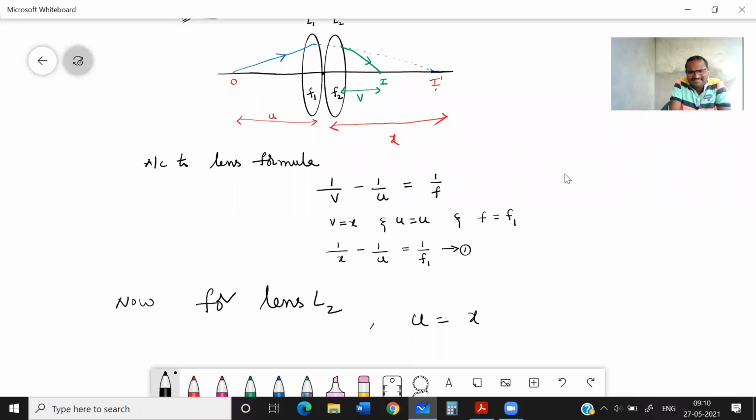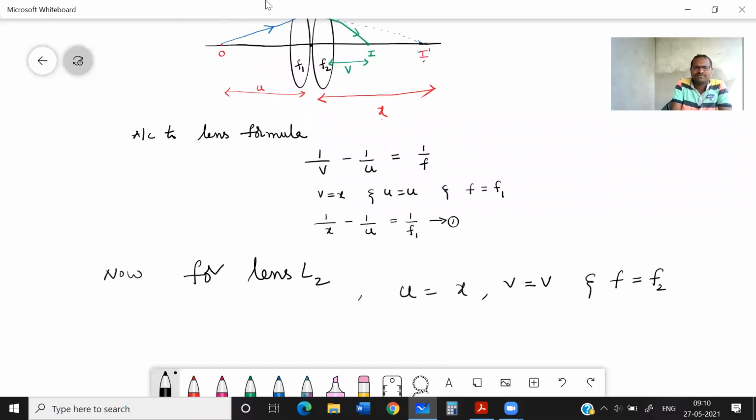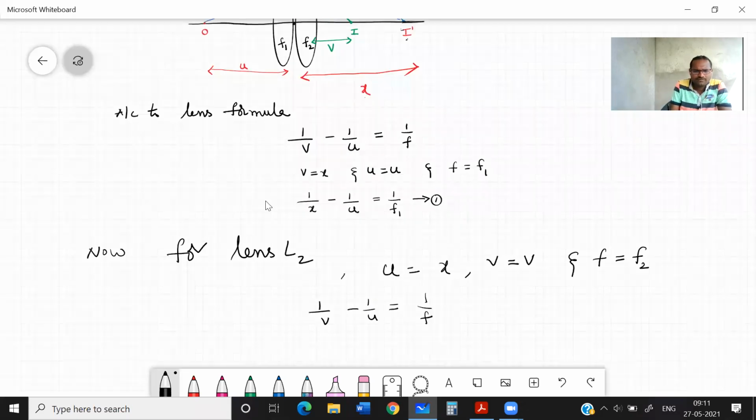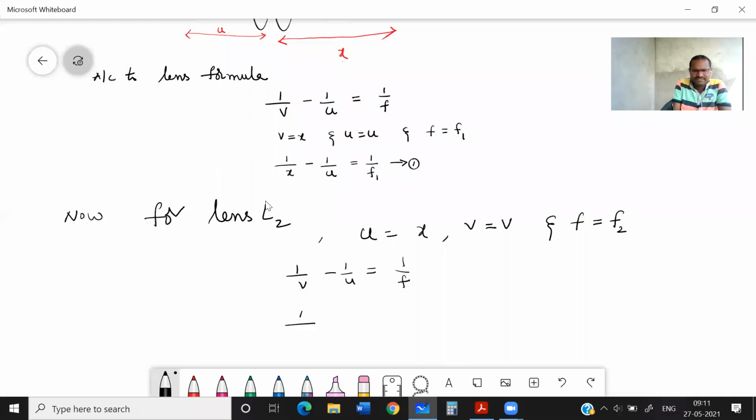The image distance is v, where the image has formed, and the focal length of the second lens is f2. Now substitute these values in the lens formula, 1 by v minus 1 by u is equal to 1 by f. You will get 1 by v minus 1 by x is equal to 1 by f2. Equation number 2, let us suppose.